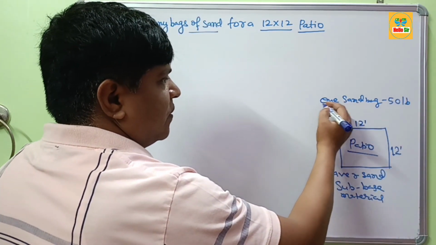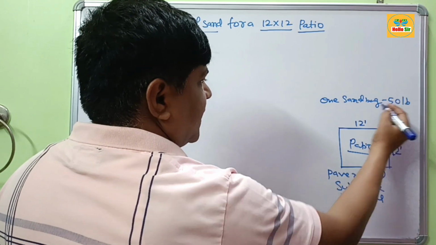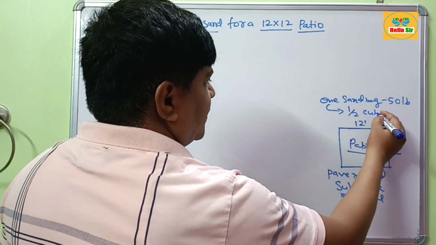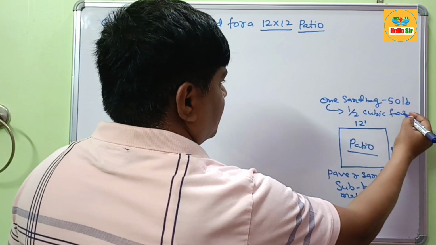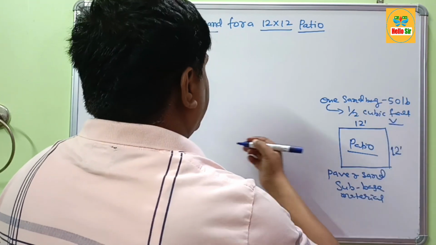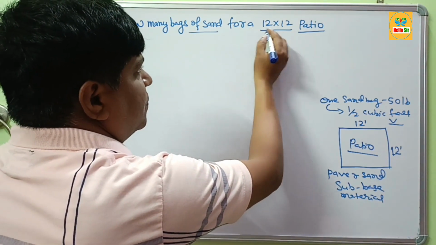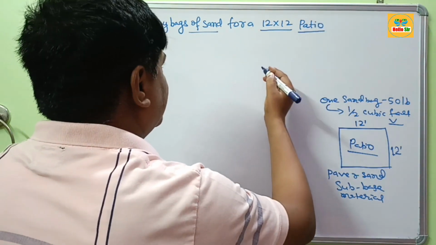It means one bag of sand weighs about 50 lb and yields about half cubic feet volume. You know this, and you have to calculate how many bags of sand are required for a 12 by 12 patio.